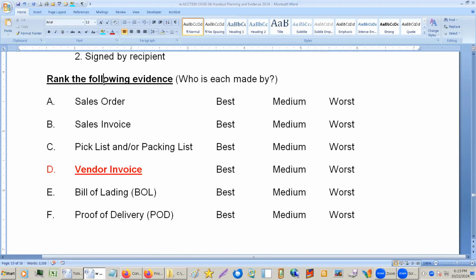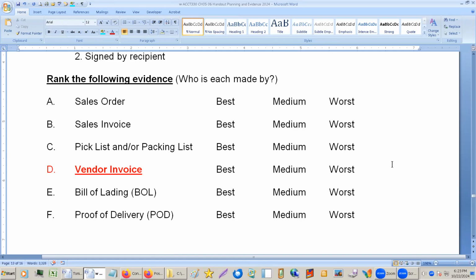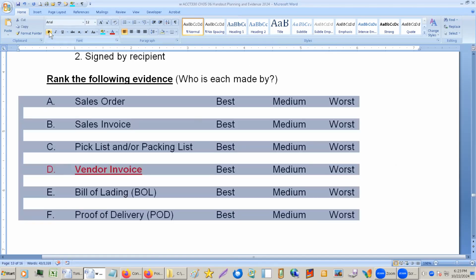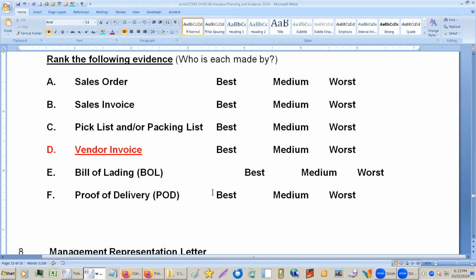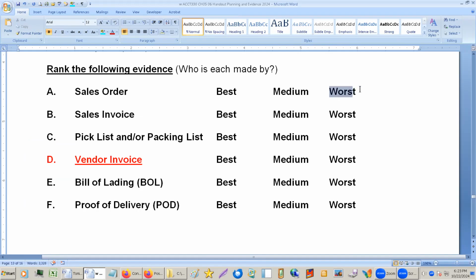Okay, let's rank the following. Sales order, by itself, what kind of evidence is it? It's the worst type of evidence. It's made by a client and held by the client, so this will be the worst.